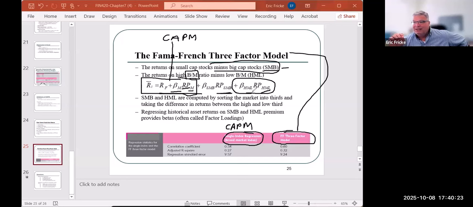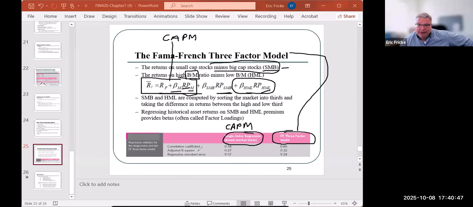So you can think of it as the size factor and the growth factor. Sometimes people call it the value factor. Value, it's like it compares the two. Cheap stocks, which is value, versus growth stocks, which are expensive. Cheap versus expensive, value versus growth. That's what it's calculating.